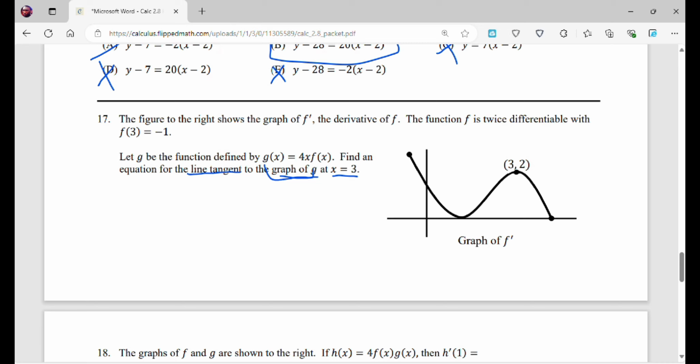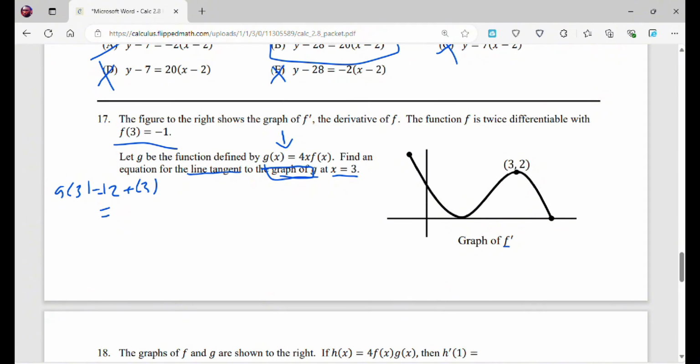So graph of g, tangent line, and we have this equation as well as this information. It's the graph of f prime. Okay, tangent line. We need g of 3 and g prime of 3. g of 3 equals 4 times 3, that's 12, and then times f of 3. f of 3 is negative 1.